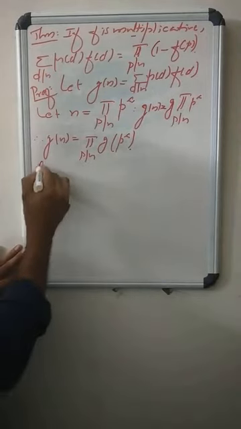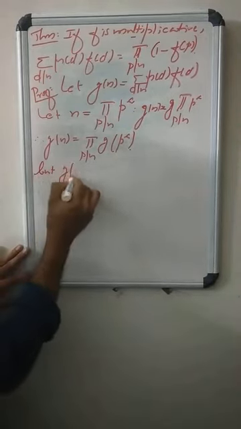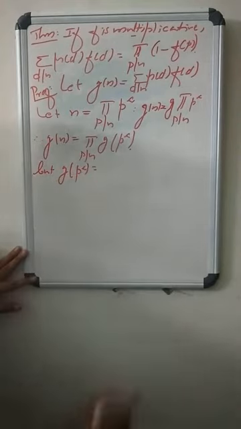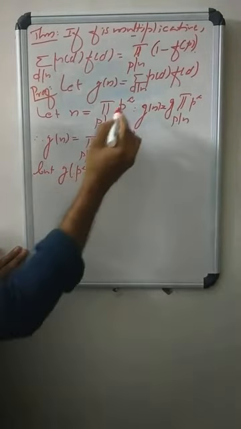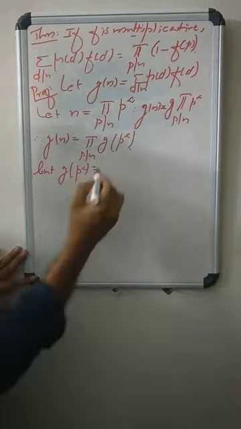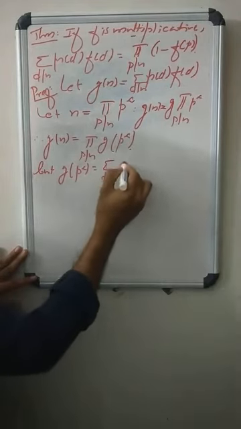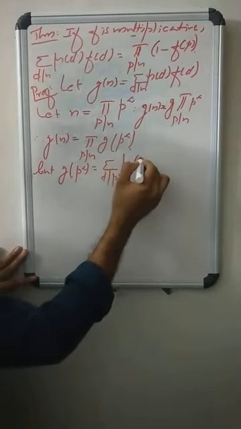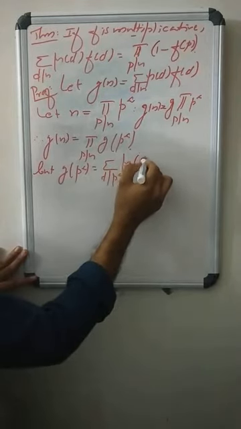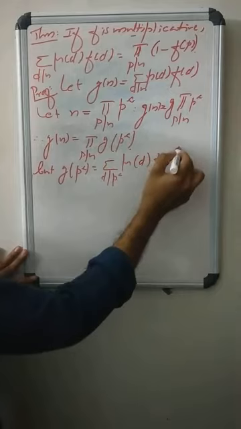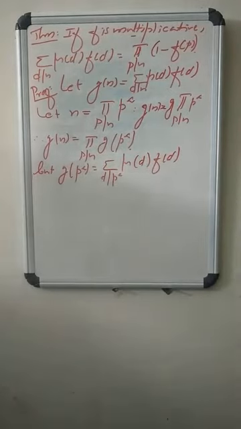But what is actually g of p power a? Come to the definition, or construction, of g. g of p power a equals sigma over d divides p power a of mu of d into f of d.